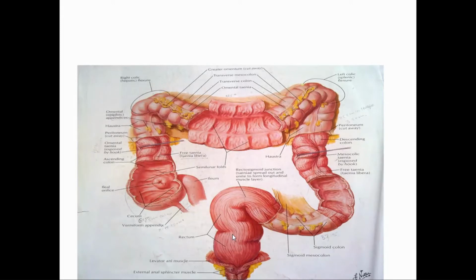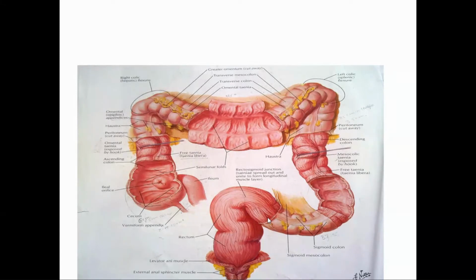The Taenia coli begin from the base of the appendix. The proximal attachment of the Taenia coli is at the base of the appendix.